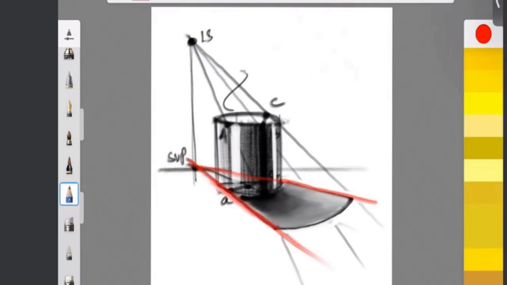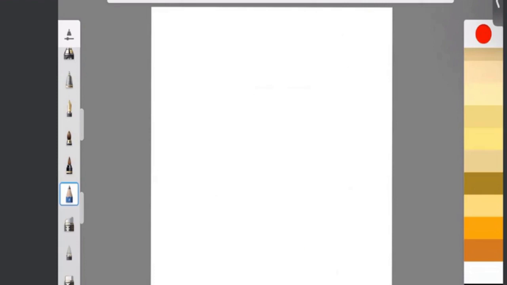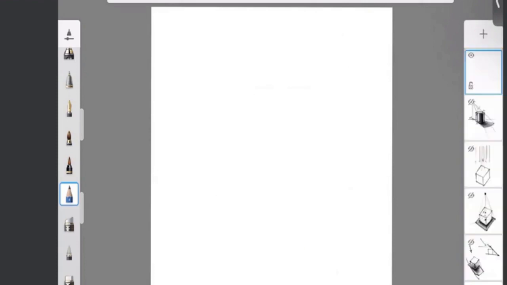Now in case of natural light, I'll tell you how that would work for the same cylinder.